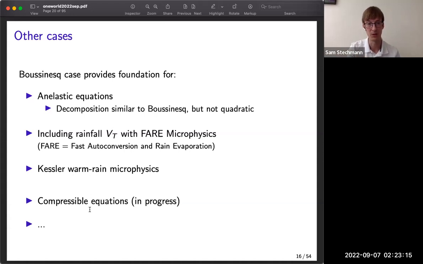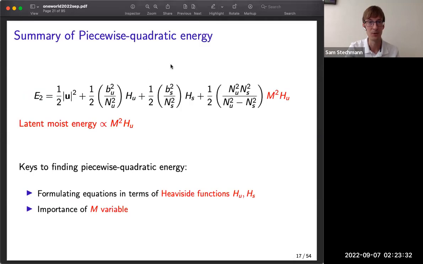One thing we're working on right now is the compressible case. This will be the case where we can try to make a better connection with the L_v q_v type of latent energy that is most familiar to people. And there's lots of other cases that you could add complications to. Just to put this energy on the screen again, it's piecewise quadratic.